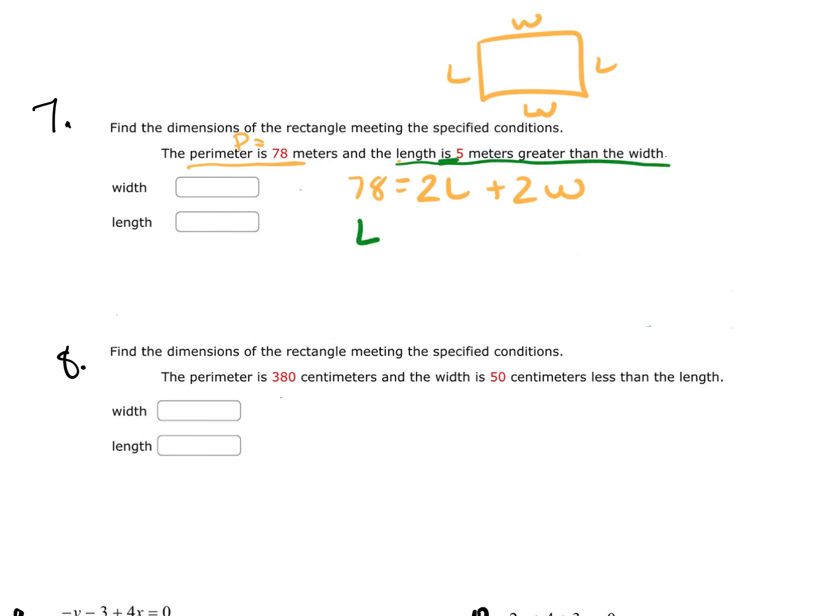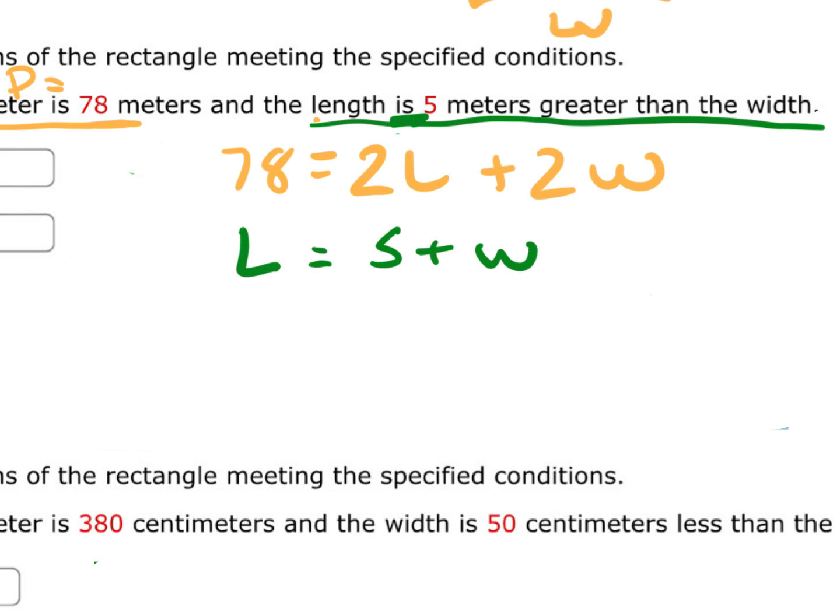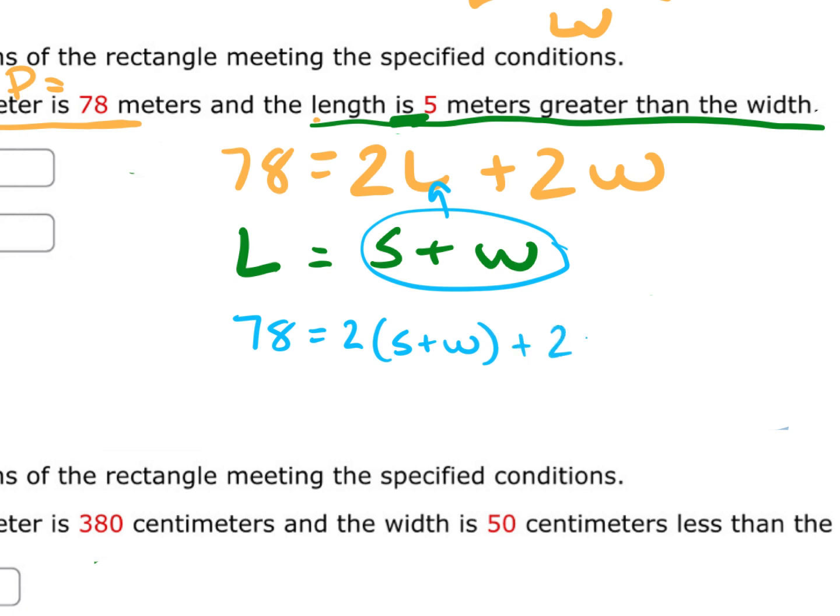So L equals 5 meters greater than the width: 5 plus W. But we needed 2 separate equations so we can solve it like a systems of equations. So I can take what L is equal to and substitute it into the L in the other one. So once you have your 2 equations, now you're going to solve it just like we did in the beginning. So 78 is equal to 2 times 5 plus W plus 2 times W.